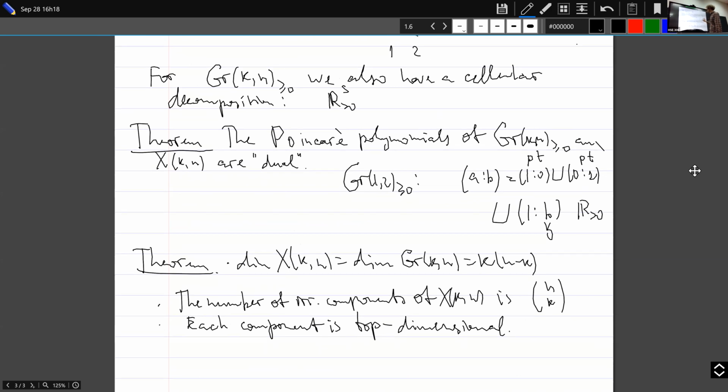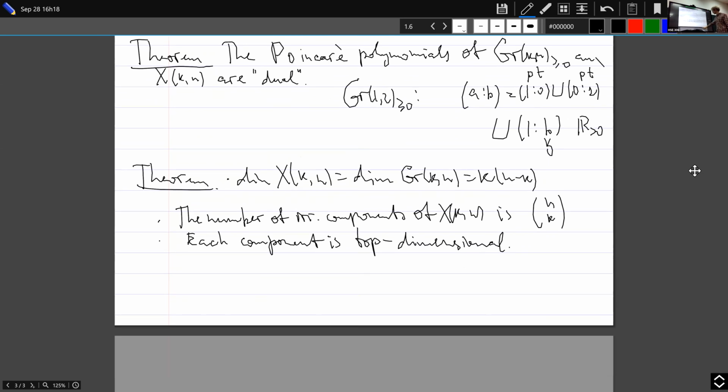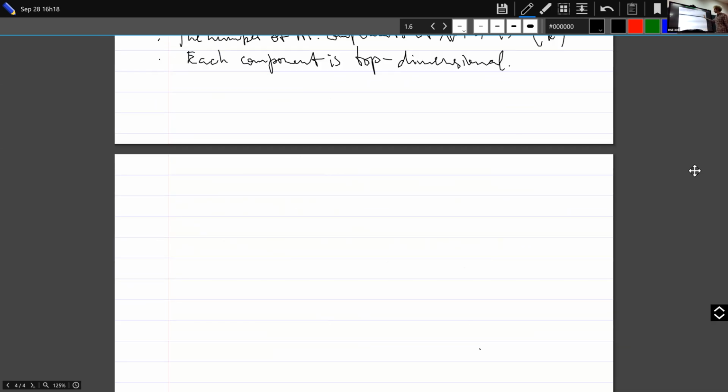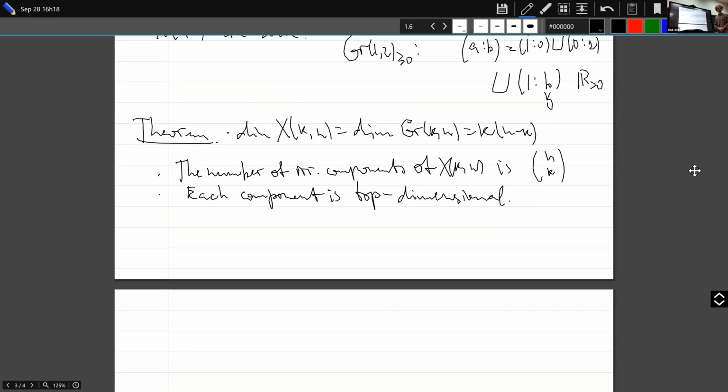How do you say which fixed point is contained in which component? Yes, you can. You have to say that there is some order on Grassmann necklaces.